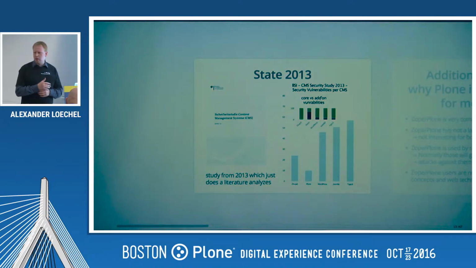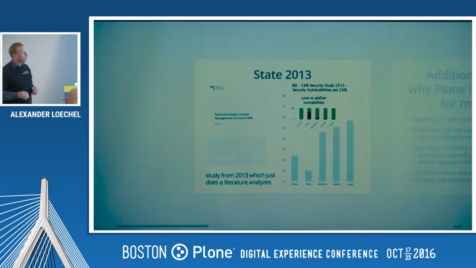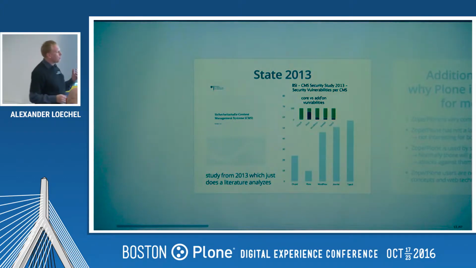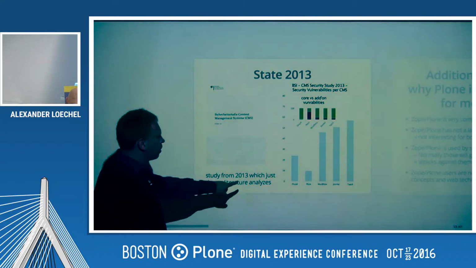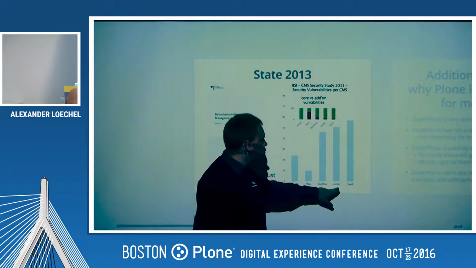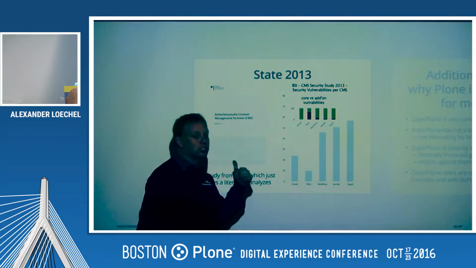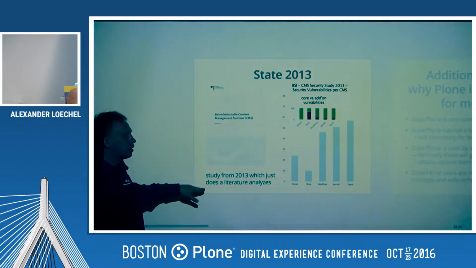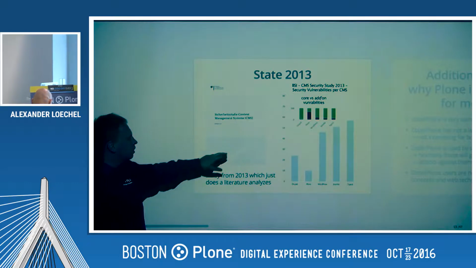So I guess in the US it would be like the US CERT at NIST or a comparable level at the NSA, probably. So there was a study that compared Drupal, Plone, WordPress, Joomla, and Typo3, but just by analyzing the published data of the last 3 years.